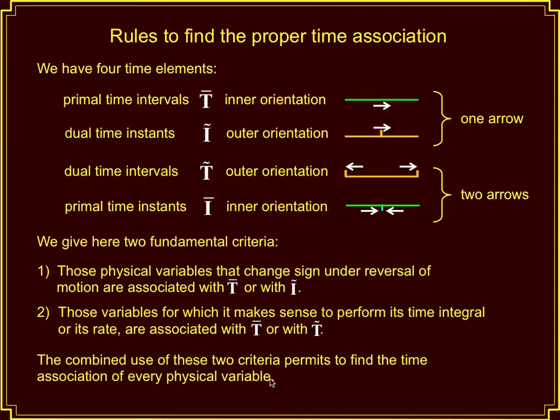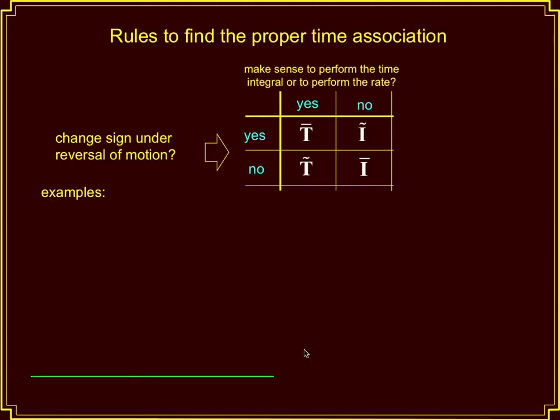The combined use of the two criteria permits to find the time association of every physical variable. Here you have the rule to find the proper association. Change sign under reversal of motion, yes or no. Makes sense to perform the time integral or to perform the rate, yes or no. You may stop the film here to see this table, that is important.